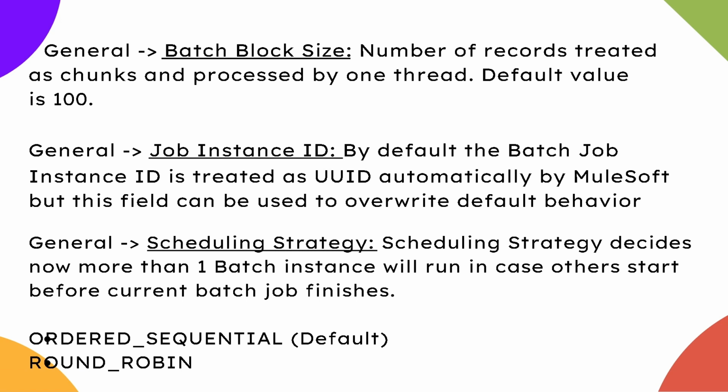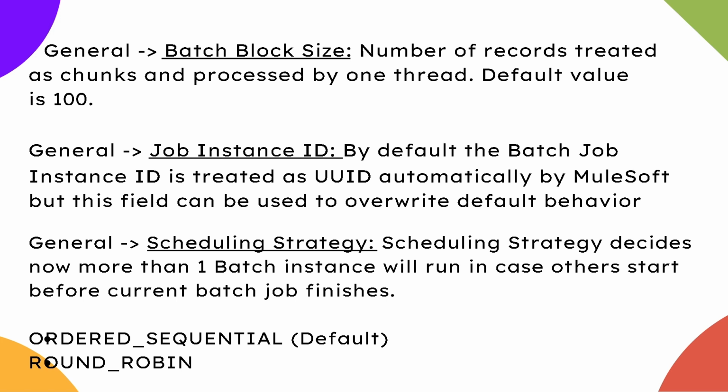So guys, the next field is scheduling strategy. From the definition, scheduling strategy decides whether more than one batch instance will run in case others start before the current batch job finishes. So let's say at the same time batch process is triggered by multiple users.